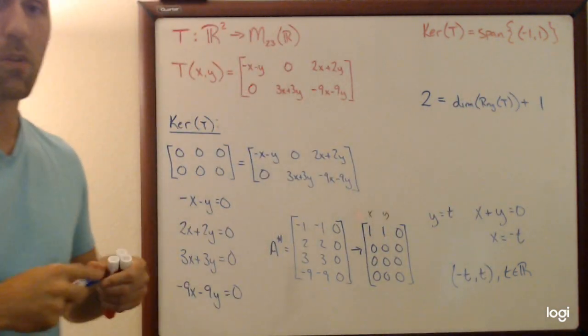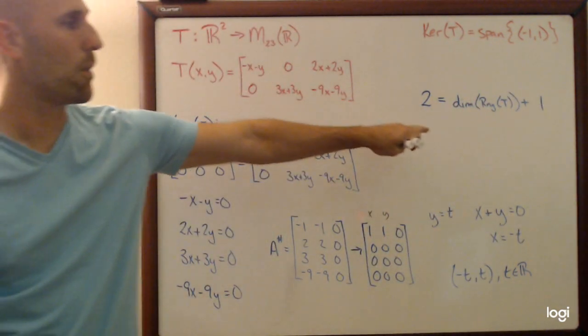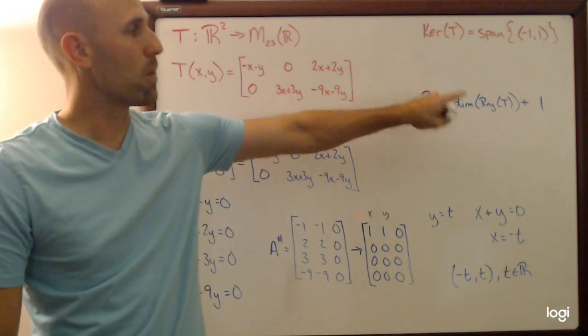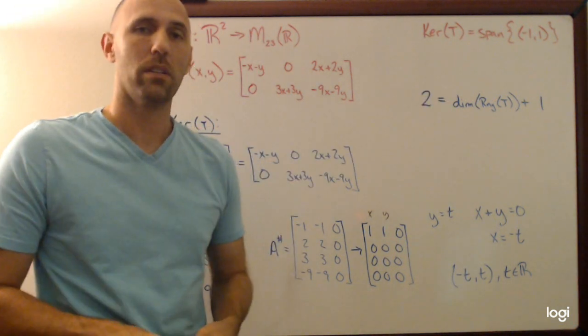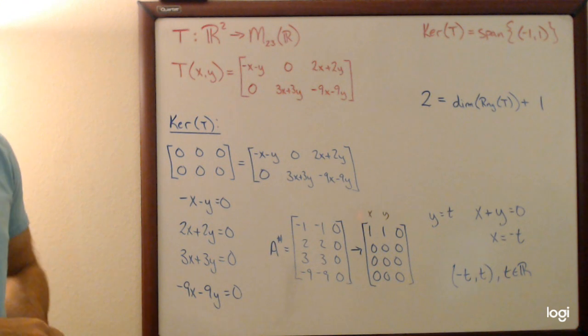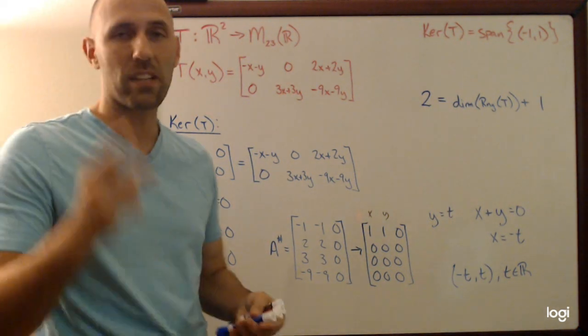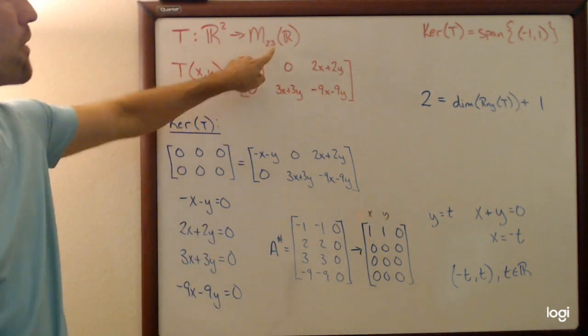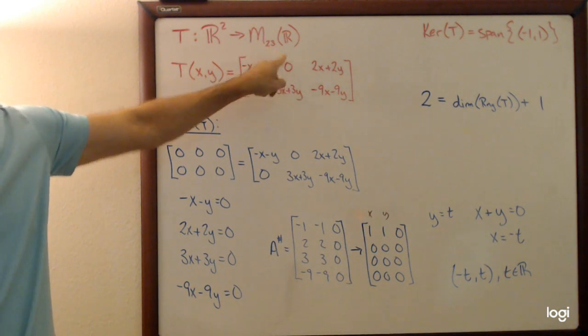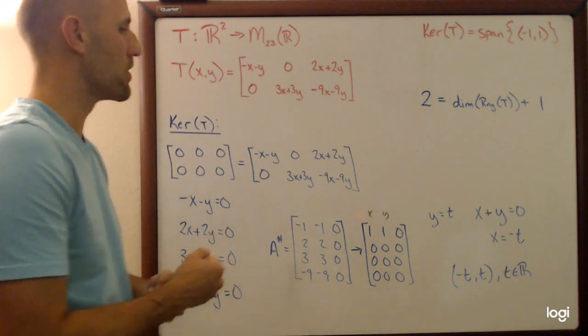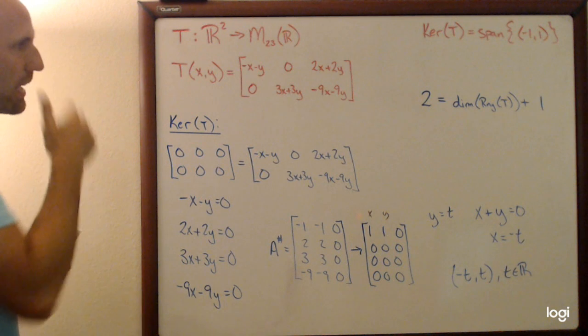Well, this helps me out already because I now know that my range has to have dimension 1. It's going to be a span of exactly one vector from the codomain. Your range lives inside your codomain. So let's see if we can find the range.